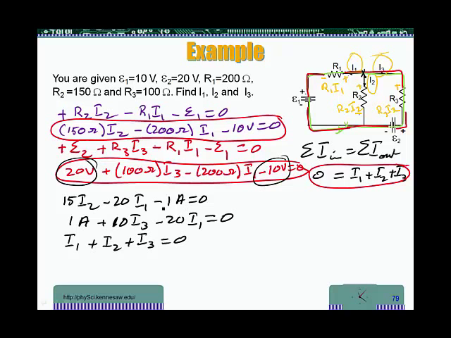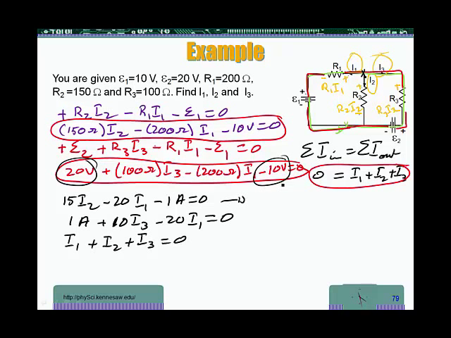What I'm going to do is, for example, solve for I2 in the first equation as a function of I1, solve for I3 in the second equation as a function of I1, replace everything in this equation, and that will give me one equation with just I1.